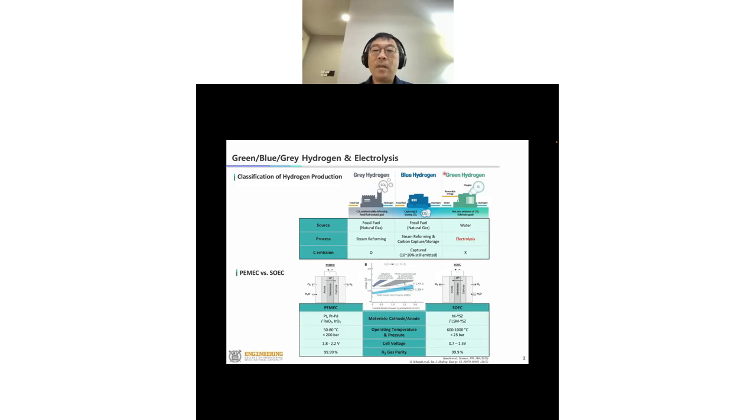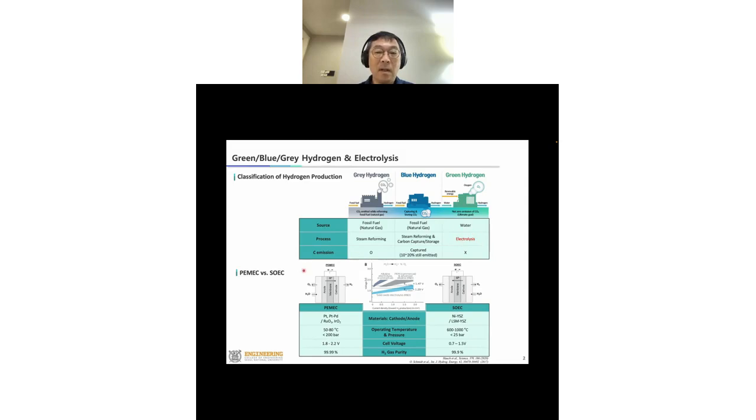So green hydrogen is one of the final goals to achieve the so-called net zero emissions, a no-emission society. The final goal is making green hydrogen. We talked about the so-called electrolysis, splitting of water.